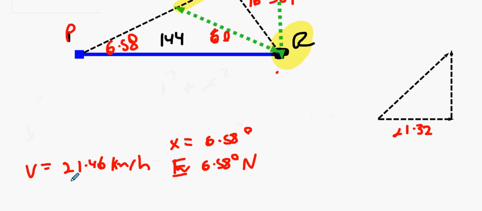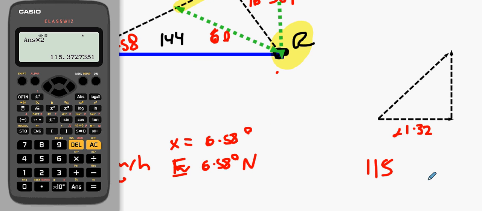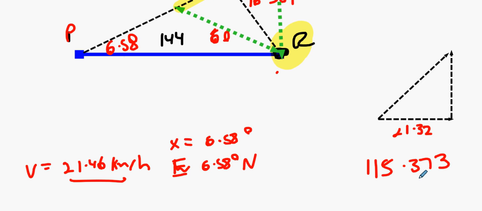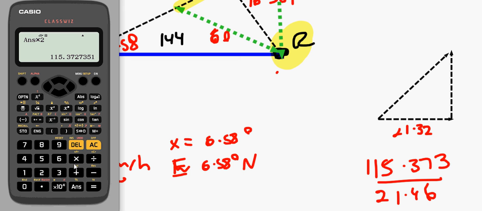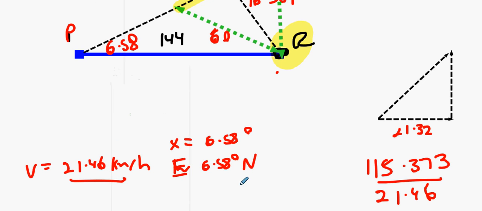There it is there, 21.46. So 115.373 kilometers, and we're going to divide that by 21.46, and we get an answer of 5.376 hours, because time equals distance divided by speed.